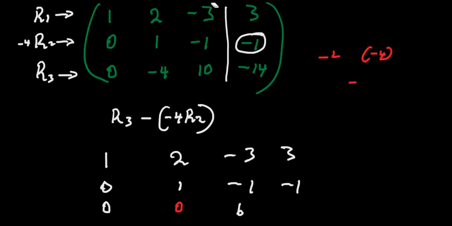Let's just clean up the whole of this. Good. So negative 4 times negative 1 will give us 4, as in positive 4. So negative 14 minus positive 4 would give us negative 18. So we now have negative 18 over here.